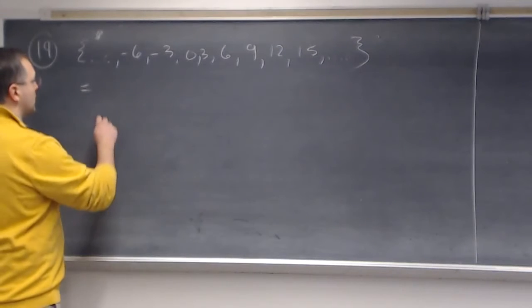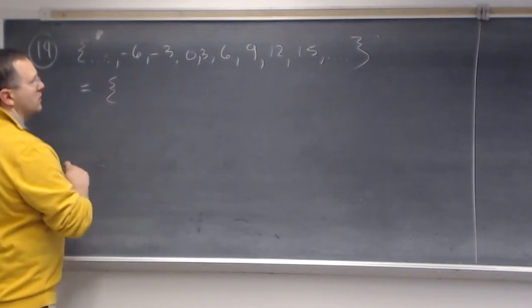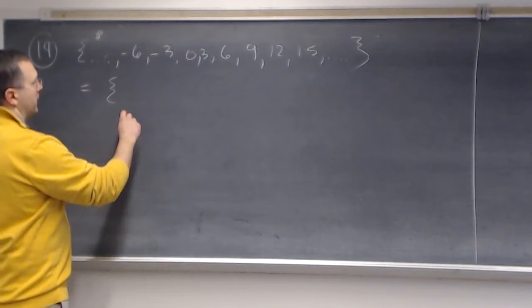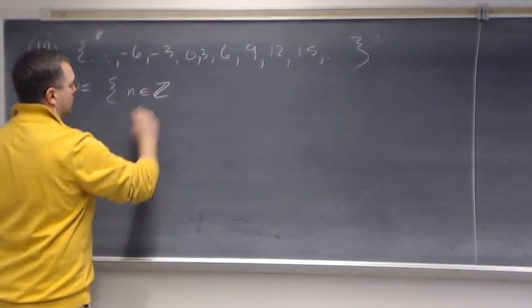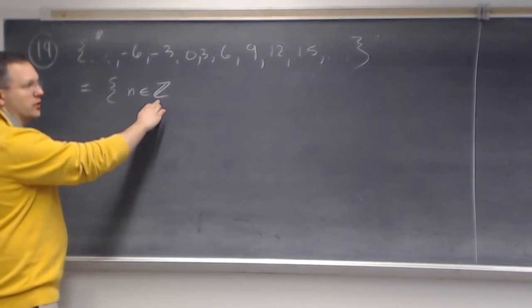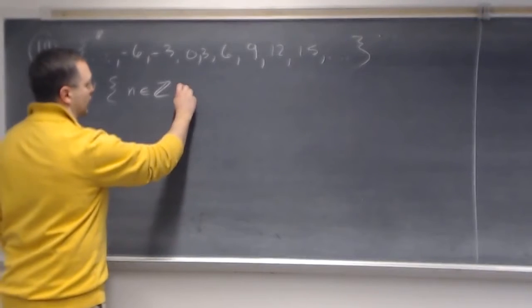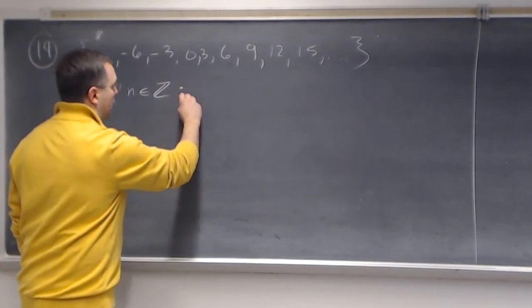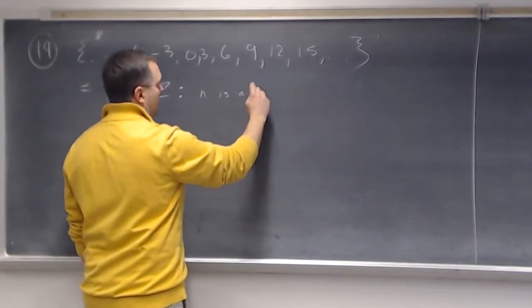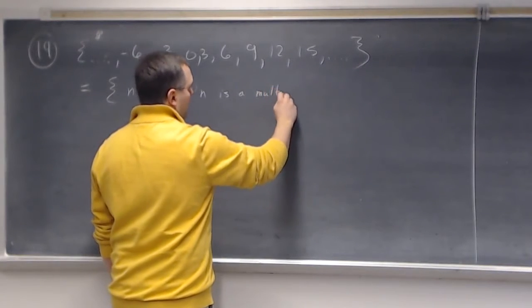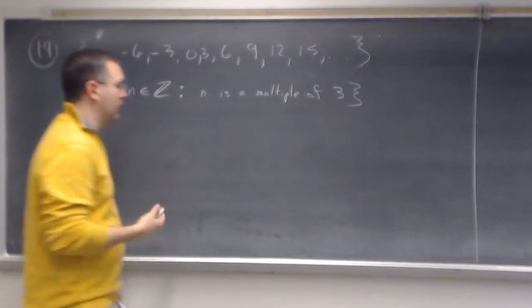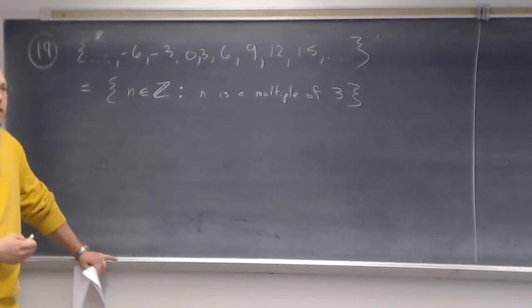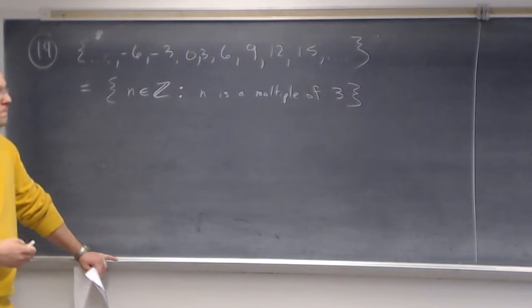You could do this a couple of ways. Remember, bold Z is for integers, right? So it's the set of all integers n such that n is a multiple of 3. We could actually write a sentence like that. Could we say something like 3n?